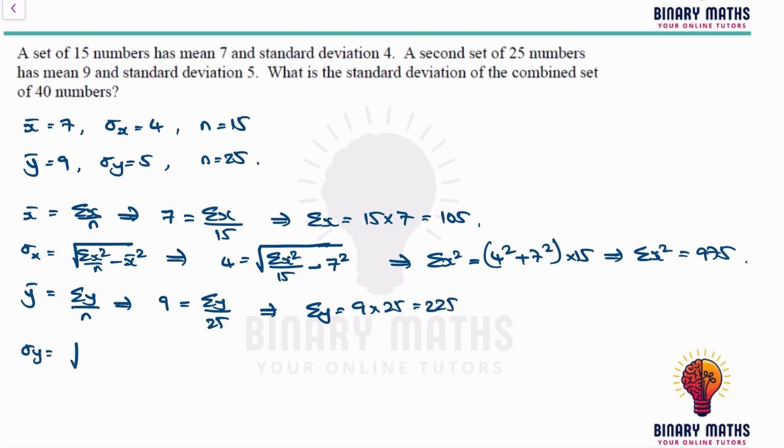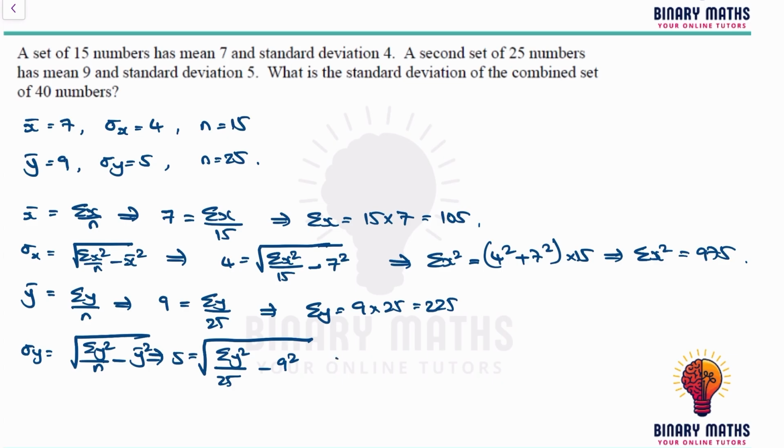Sigma y is equal to the square root of sum of y squared over n minus y bar squared, which implies 5 must be equal to the square root of sum of y squared over 25 minus 9 squared.